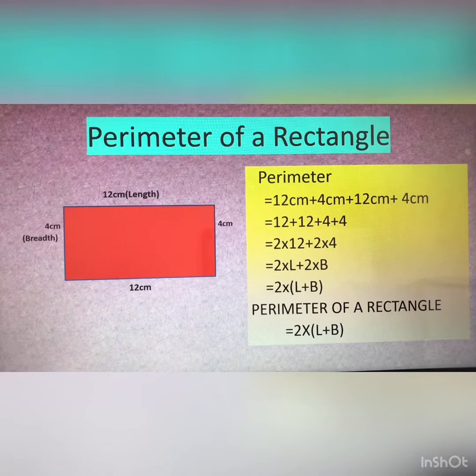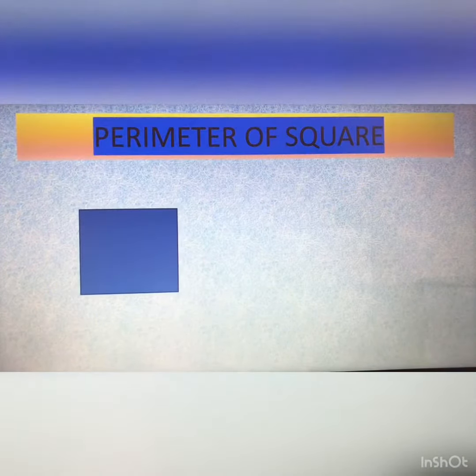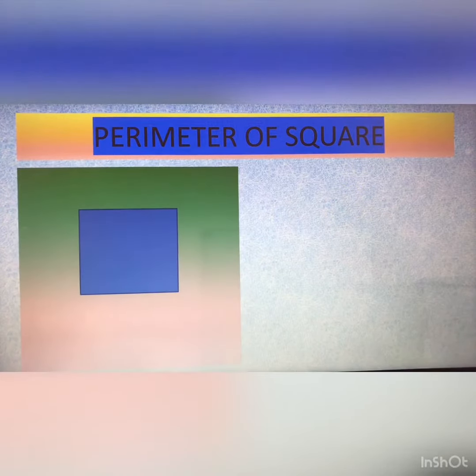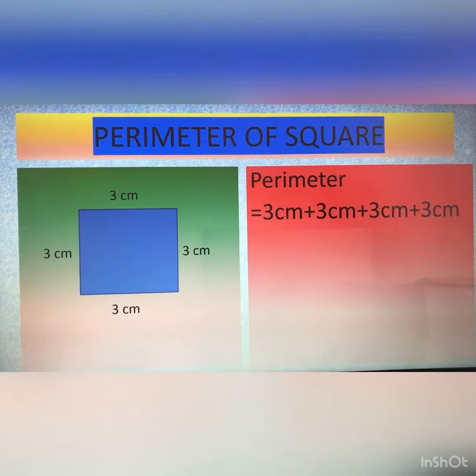Okay, now we can find the perimeter of a square. Yes, this is a square, and let the length be 3 centimeter, that is, all sides are 3 centimeter. Then the perimeter of the square is 3 cm plus 3 cm plus 3 cm plus 3 cm, which means the total length of the boundary, that is 4 into 3 centimeter.